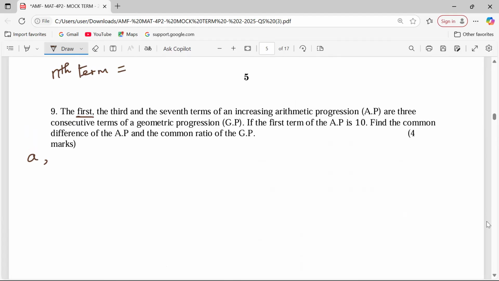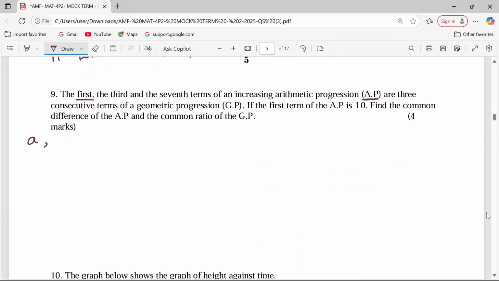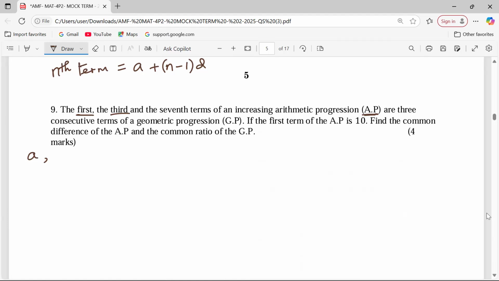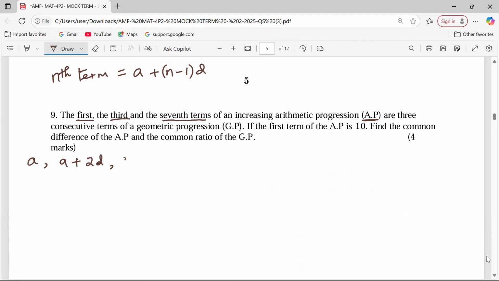When a sequence is arithmetic, any term is given by A plus n minus 1 multiplied by the common difference D. So the first term is A. The third term shall be A plus 3 minus 1, that gives us 2 times D. And the seventh term shall be A plus 7 minus 1, which is 6, multiplied by D. So these are the first, third, and seventh terms.